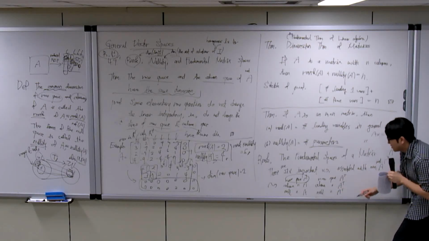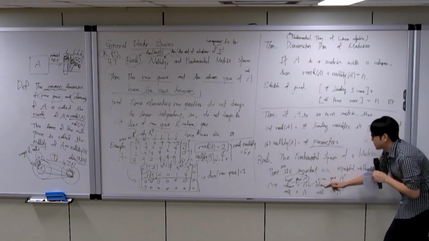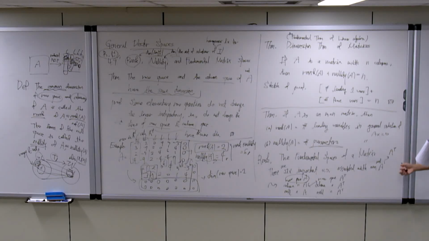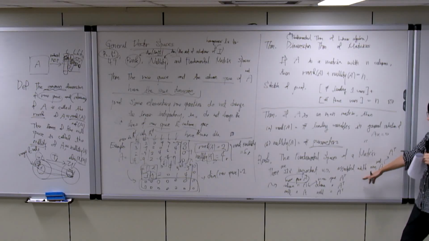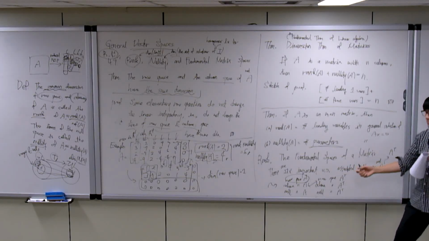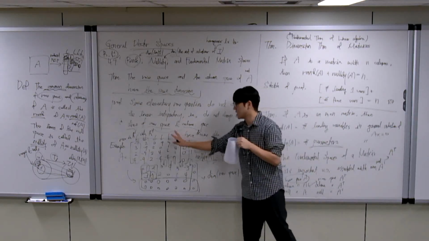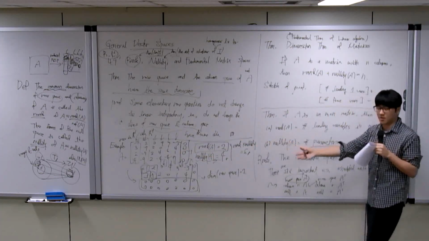But the column space of A and the row space of A transpose are exactly the same, because the transpose is just changing the row and column.